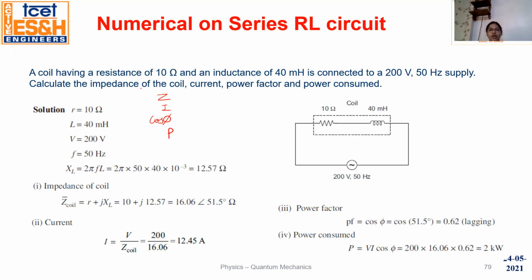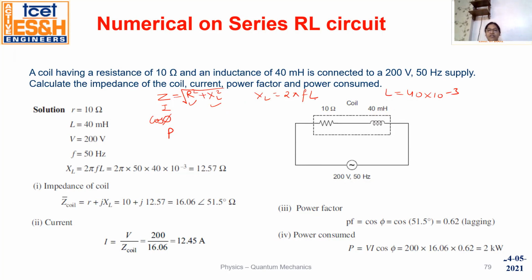So first of all, we have to find the Z. For finding the Z, we require R square plus XL square. So we require R and XL. For finding the XL, we have one formula, 2 pi FL. L is 40 multiplied by 10 to the power minus 3, as it is in millihenry.